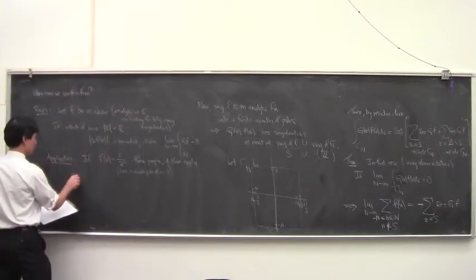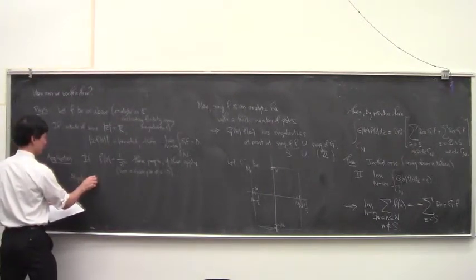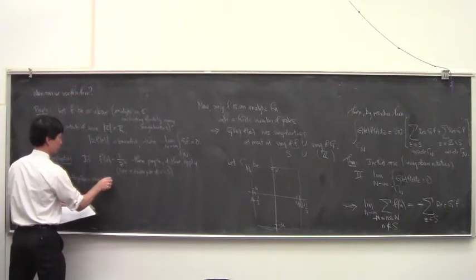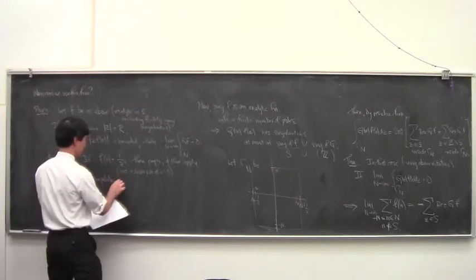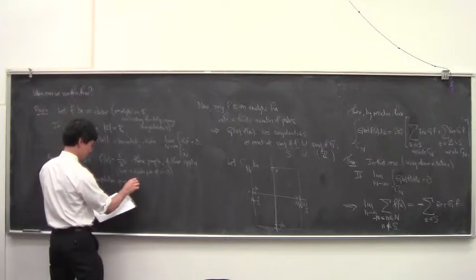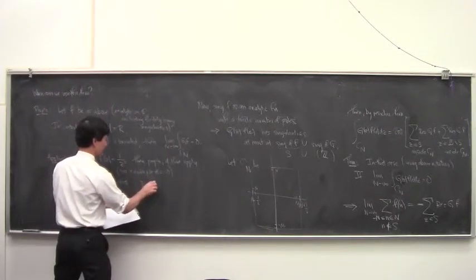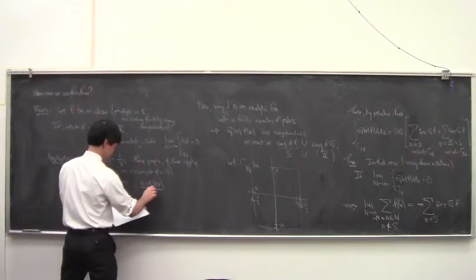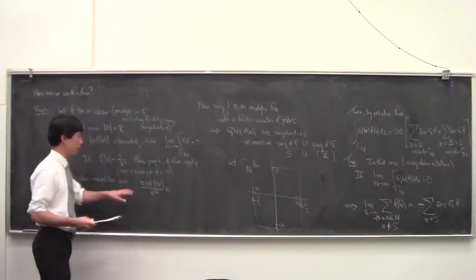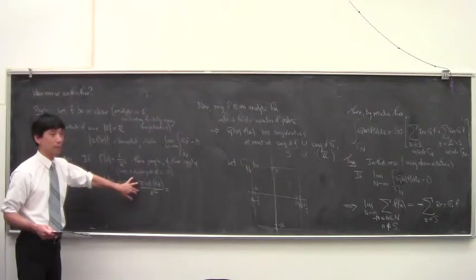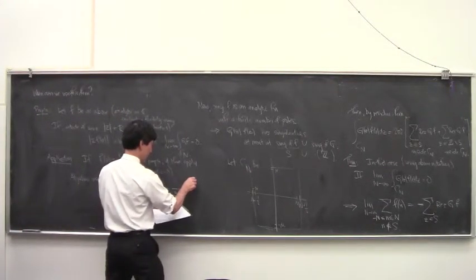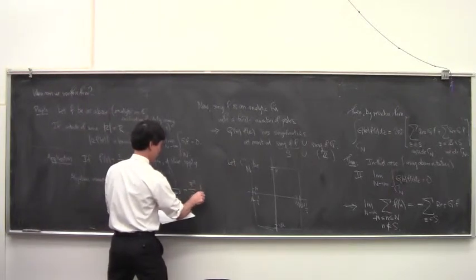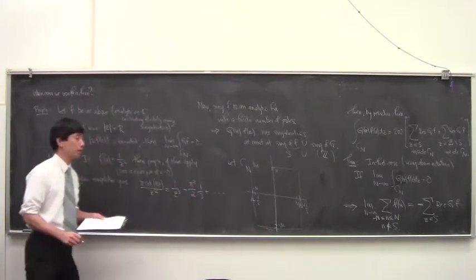Some algebraic manipulation of the series for sine and cosine gives that if we look at g times f, then it's 1 over z cubed minus pi squared over z times 1/3 plus some other stuff.